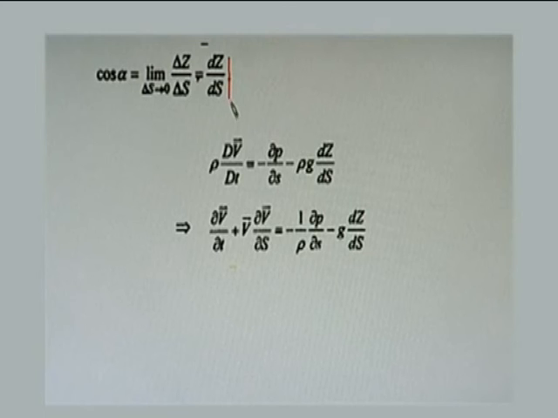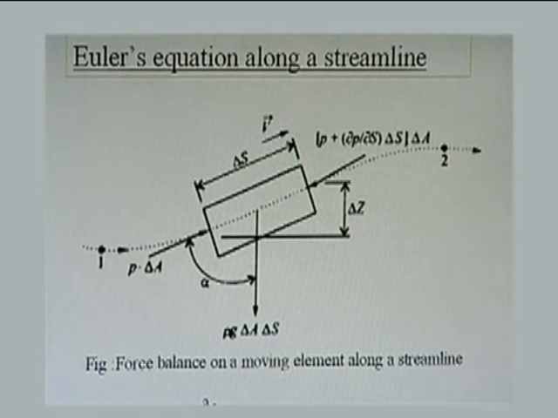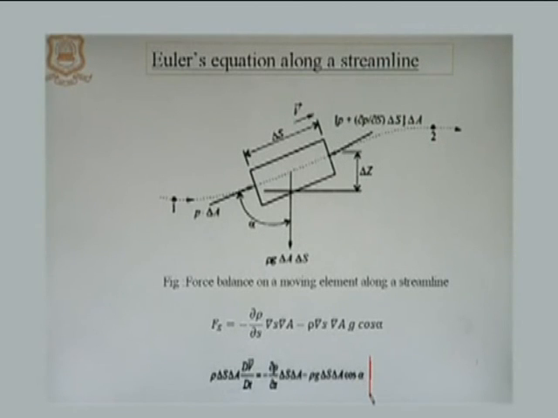After defining cos alpha with the help of trigonometry, this formula, which is on the basis of the momentum principle, may be written as rho dV over dt is equal to minus del P over del S minus rho g dz over ds.